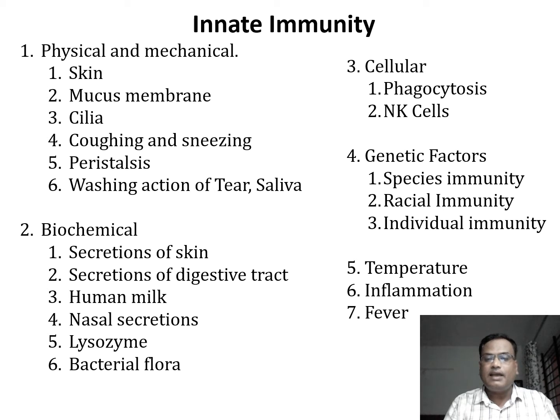Now, cellular mechanisms like phagocytosis and natural killer cells. Then there is something called genetic factors. So species immunity. You know that there are some diseases which will happen only in a particular species and will not affect other species.